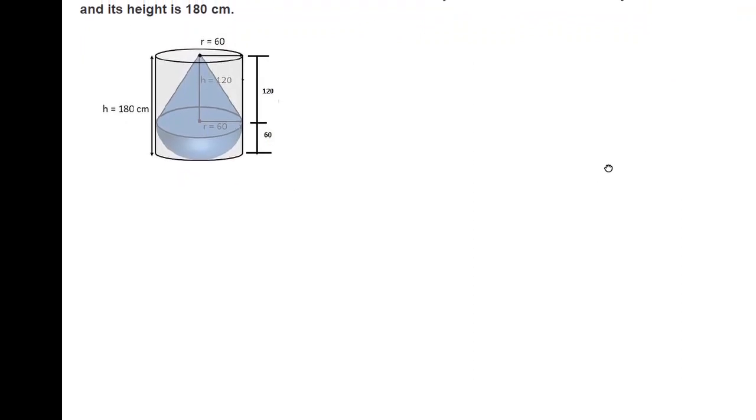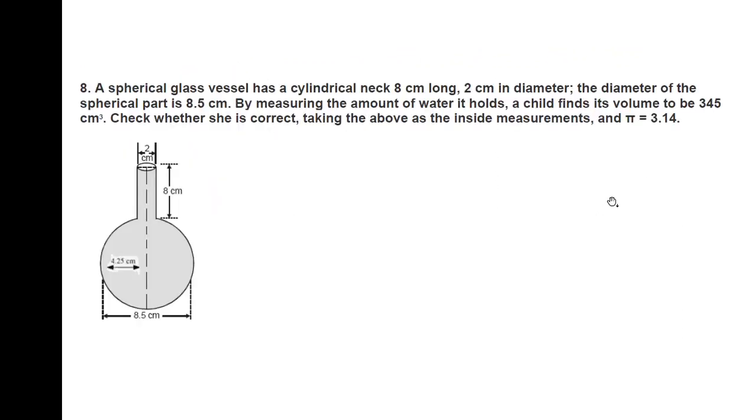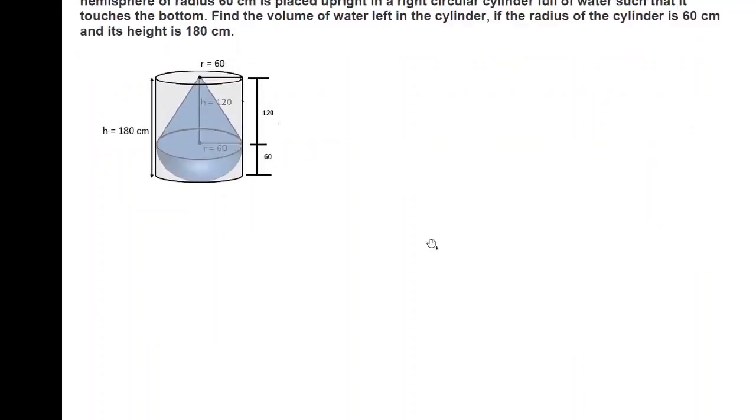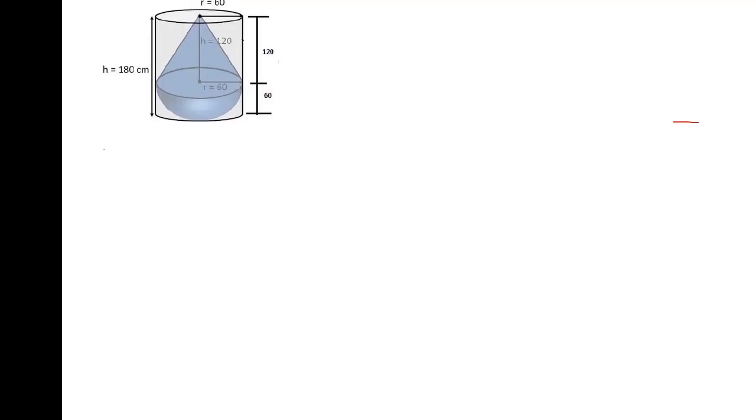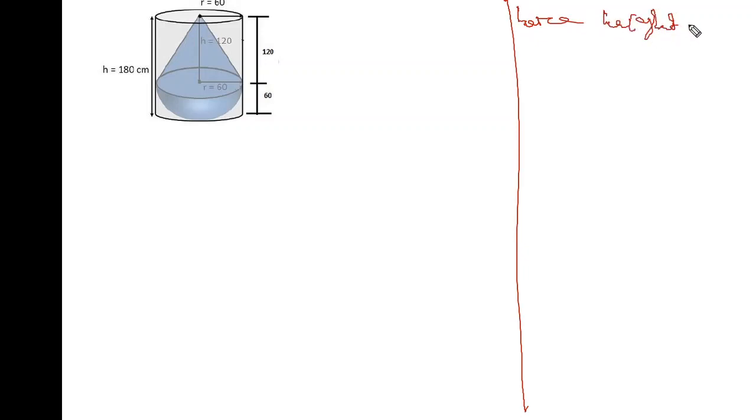We will move to the solution part. Remember what we need? We need the volume of the water inside the cylinder. Okay. So let's move to the solution part here. So first we will find the height of cylinder.